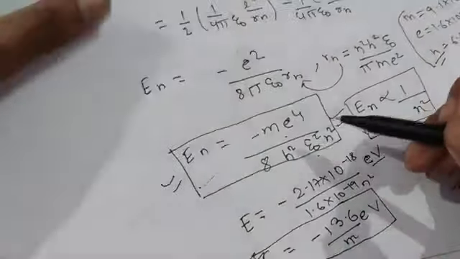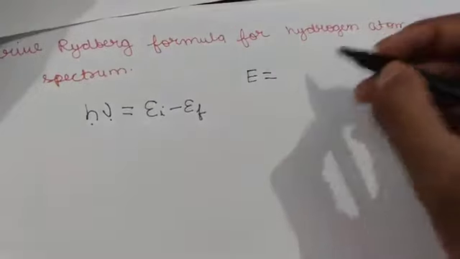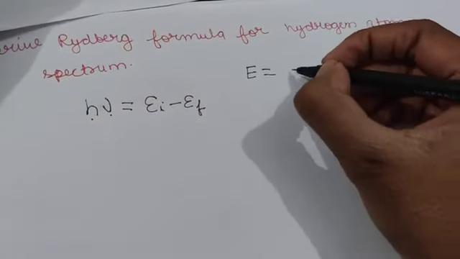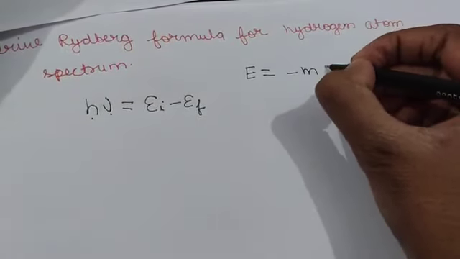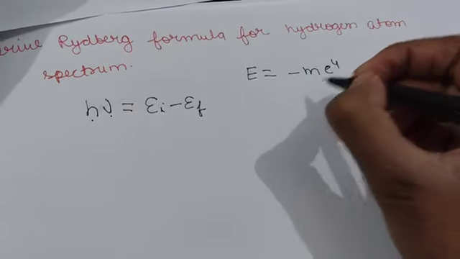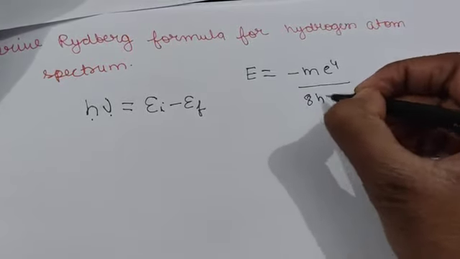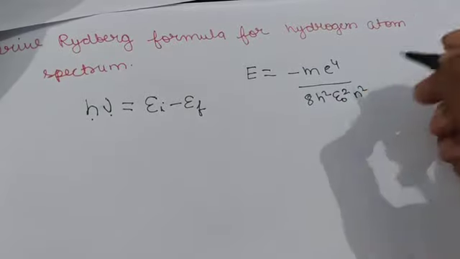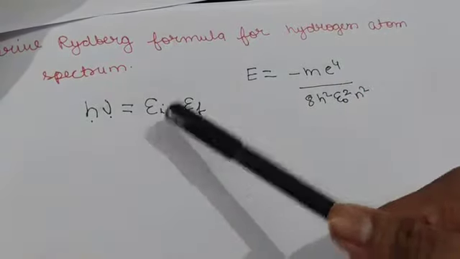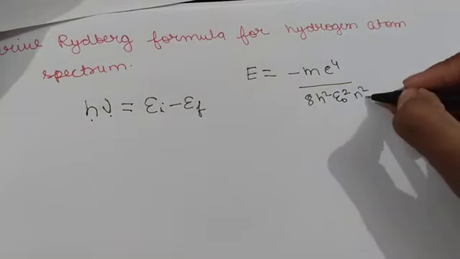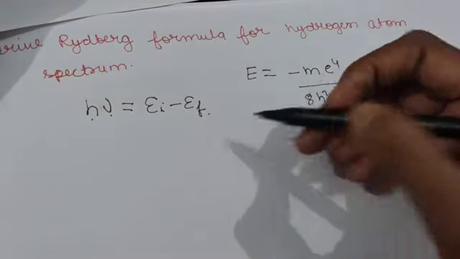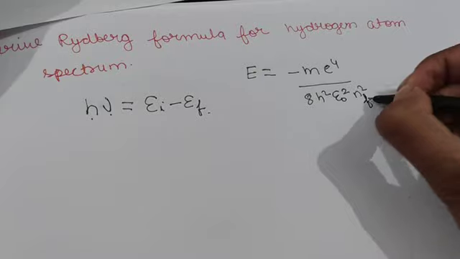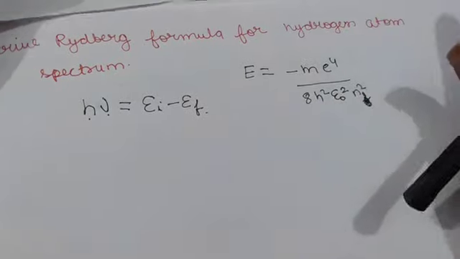En is equal to minus m e to the power 4 divided by 8h squared ε₀ squared n squared. So if we take the initial term it becomes Ei, and if we take the final term it becomes Ef.